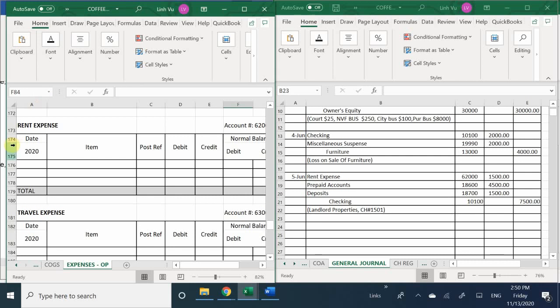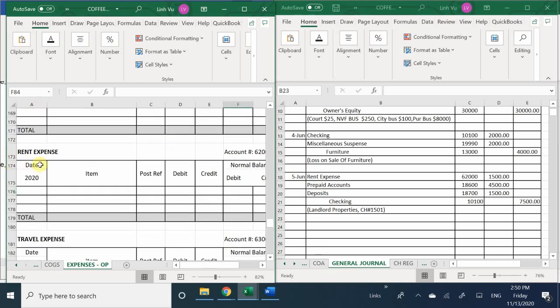Right, here's my rent expense. Okay, so what is it, 6.5? Right, and here you can write as much as you want. I'm going to go ahead and write for the month of June.